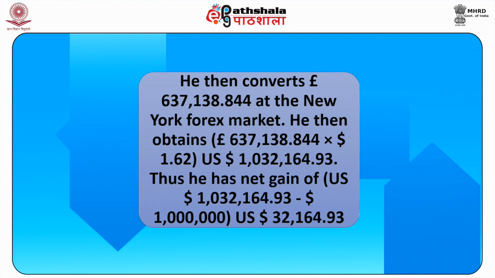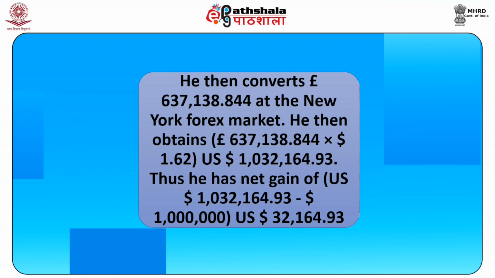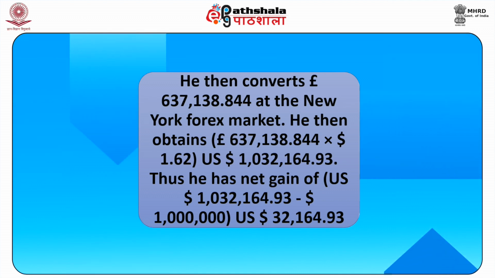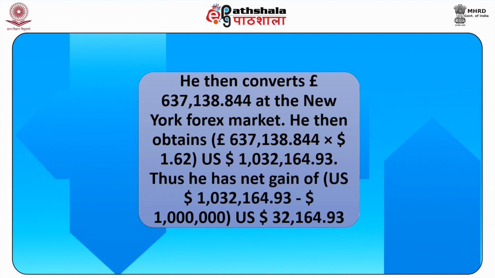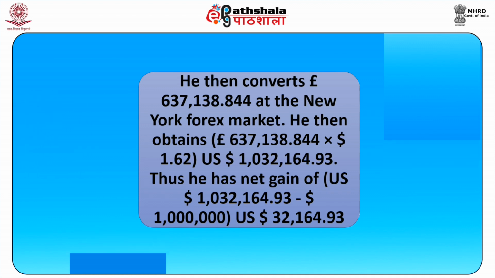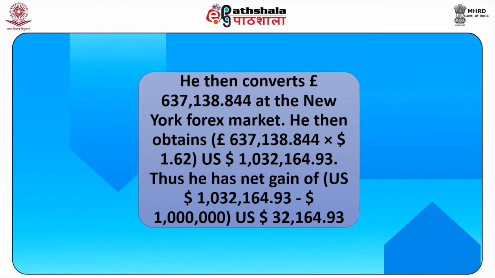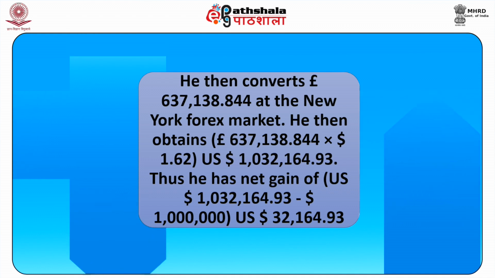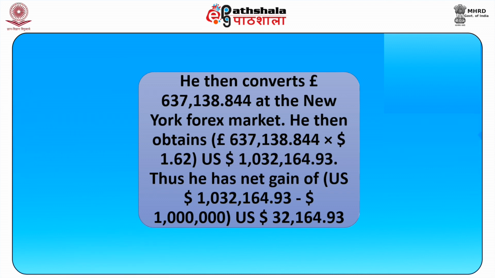Fourth, thus he has net gain of $1,032,164.93. 5. Minus $1 million is equal to US $32,164.93.